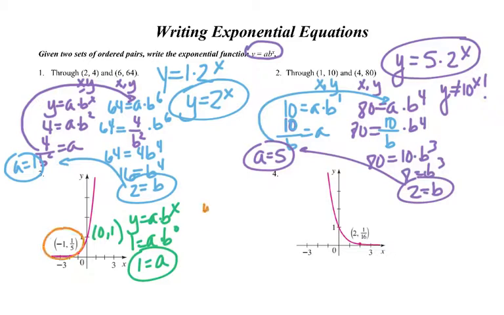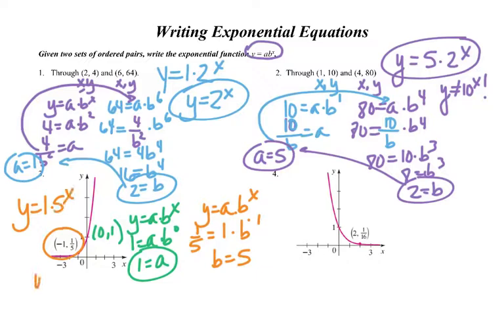When I do this ordered pair, y equals a times b to the x, I have 1/5 equals 1, because I already know that the a is 1, times b to the negative 1. So 1/5 is b to the negative 1. Isn't b just 5? So this is y equals 1 times 5 to the x, or just y equals 5 to the x.